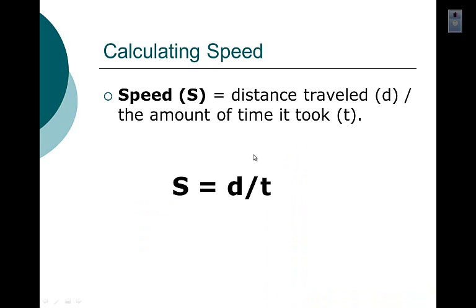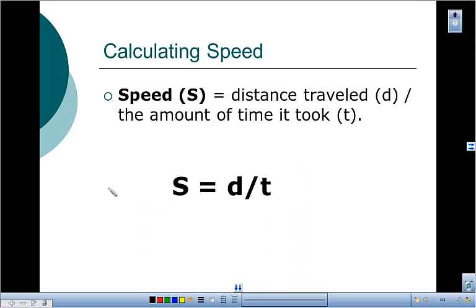When we calculate speed, we use the formula distance traveled divided by the amount of time it took. So you will see it written S equals D divided by T. That simply means speed equals distance divided by time.